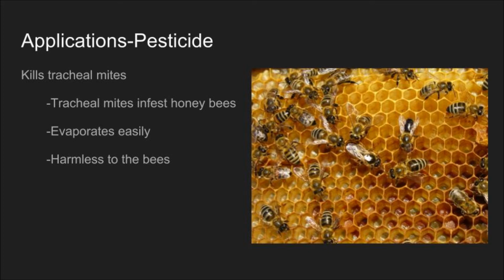Now, menthol is a fantastic pesticide in these situations. It's extremely easy to apply, as you can just put a bunch of pellets either directly under the hive or you can put it within the hive. In warmer weather, somewhere around 70 degrees Fahrenheit or warmer, the menthol will start letting off vapors. The bees will inhale these vapors, which kill off the mites.